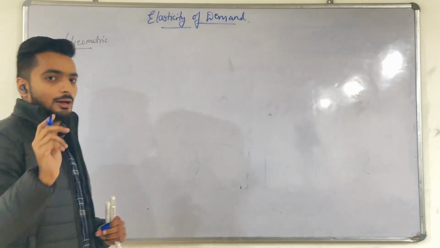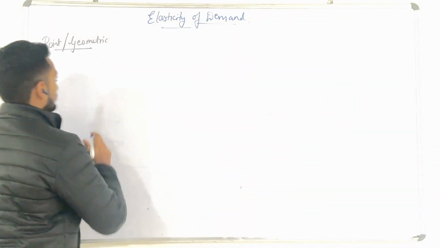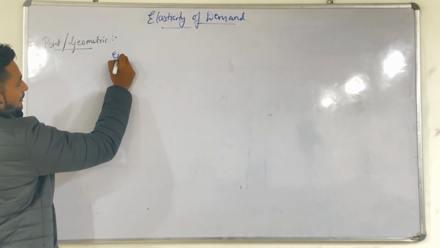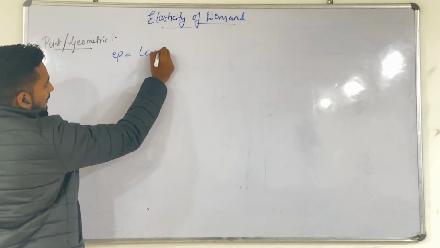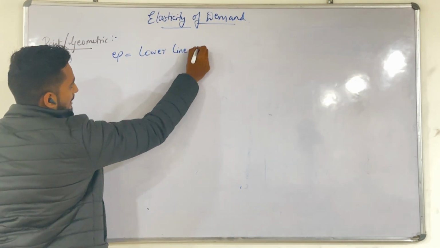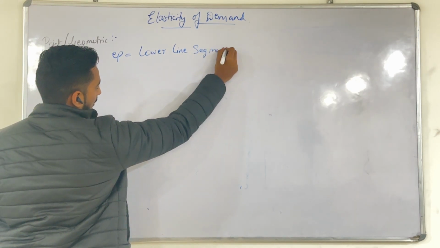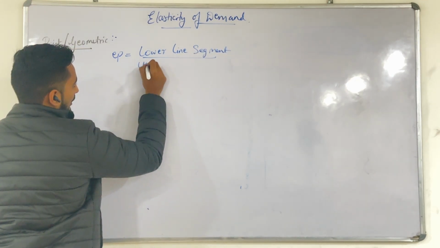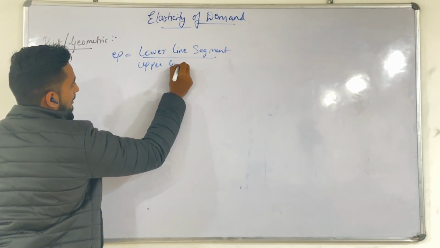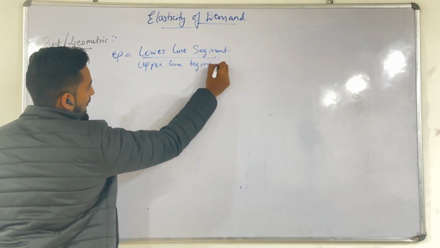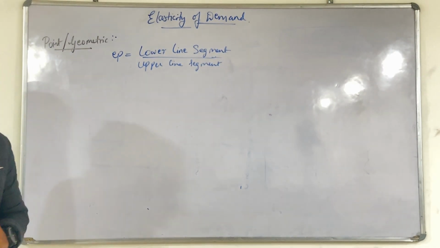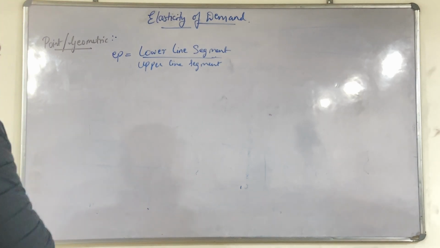In this case, the formula will be EP is equal to lower line segment upon upper line segment. This will be the formula for calculating by the point method.